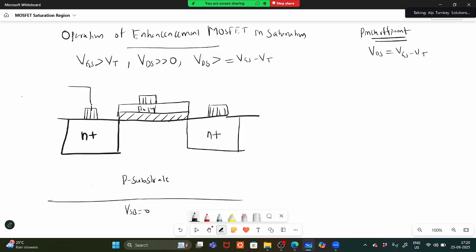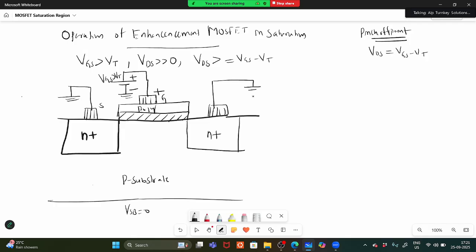The source is connected to ground, and VGS is connected positive with respect to the source. VGS is greater than VT. This is the gate, and next here you are applying VDS.